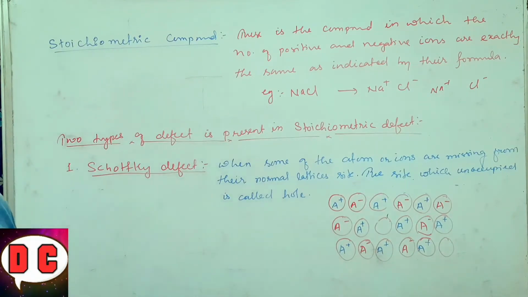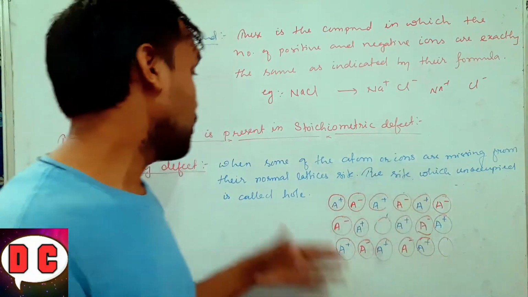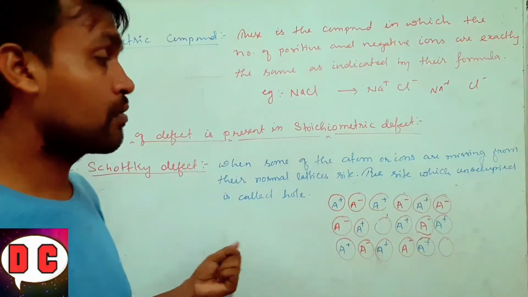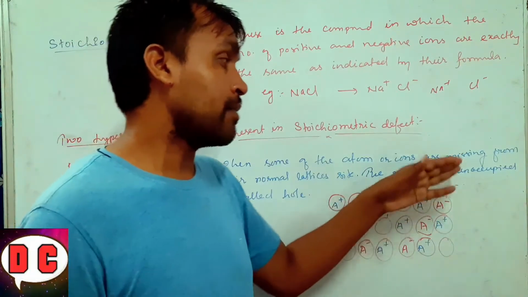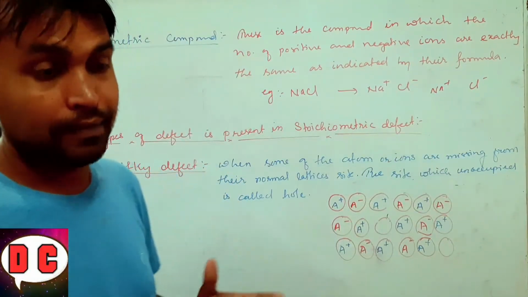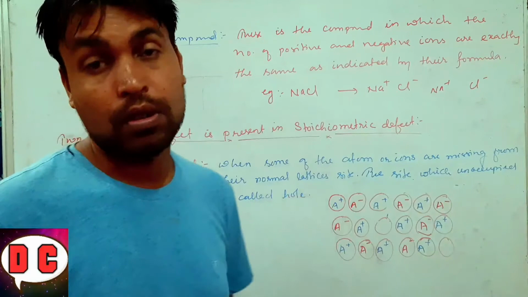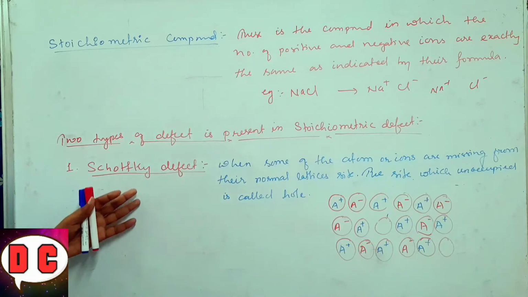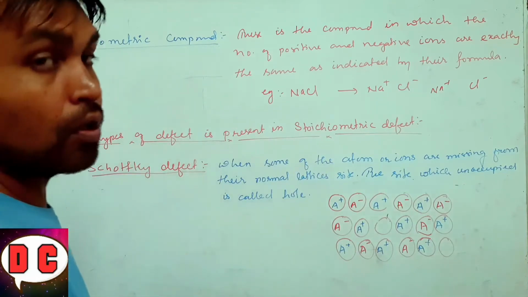When some atoms or ions are missing from their normal lattice site, the defect is called Schottky defect. The site which is unoccupied is called a hole. Okay, dear students, hope you have understood. Now we are going to see the conditions causing the Schottky defect, meaning the conditions because of which Schottky defects occur.